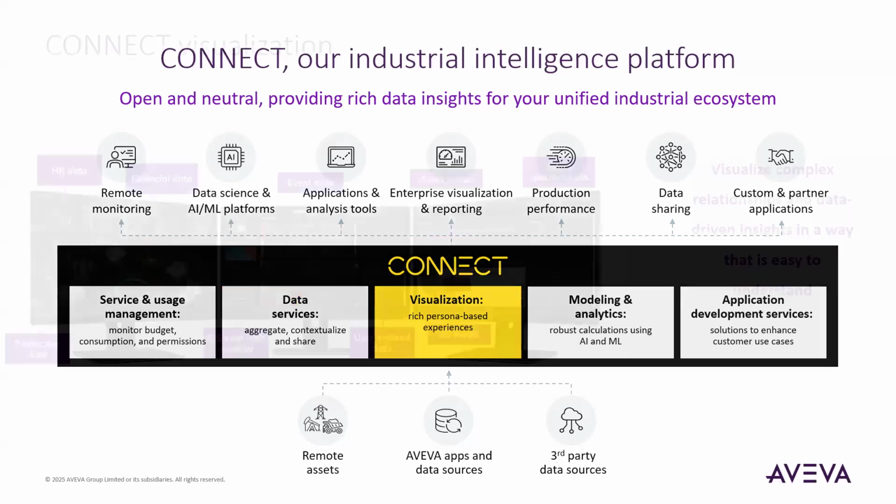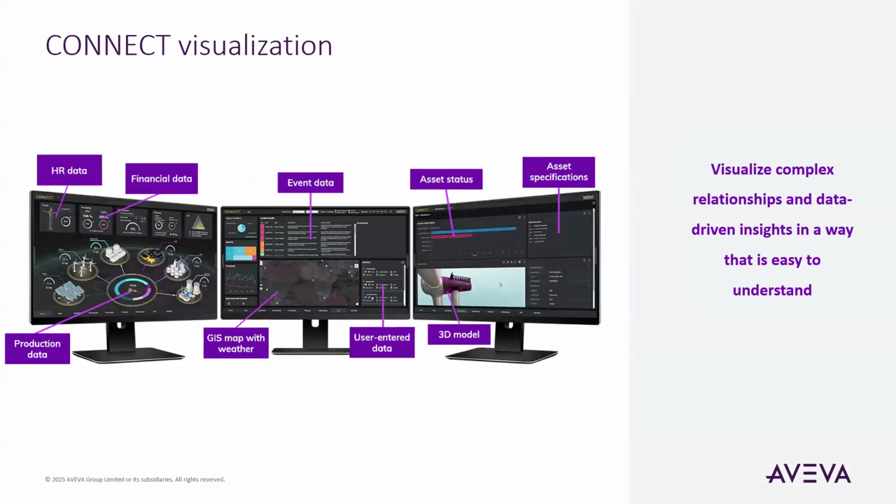That's all I'm going to say in this slide. I don't want to sound repetitive. Now, talking about Connect visualization, one thing I want to make clear is that it is meant to be an enterprise visualization. It allows you to bring many different data sources into one unified view. Not just operational data, but also business data, contextual data.